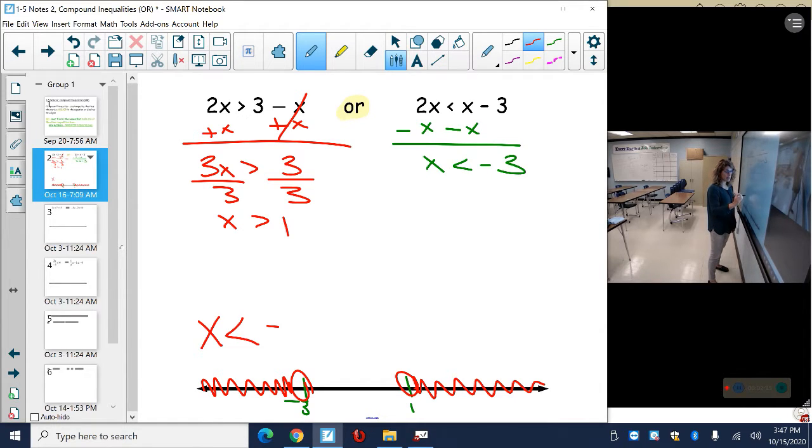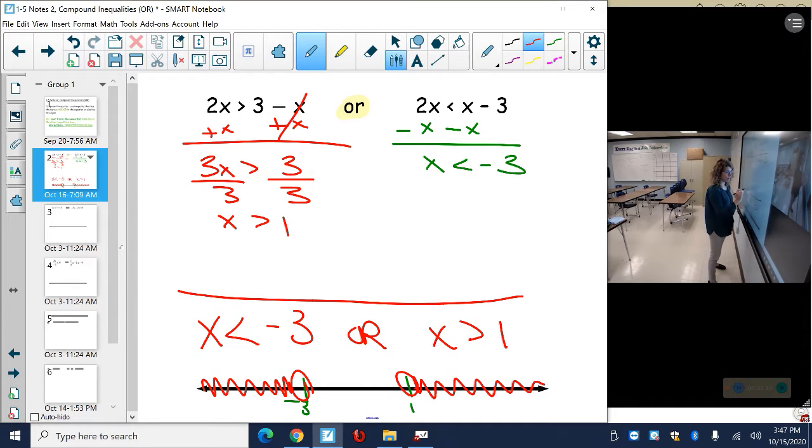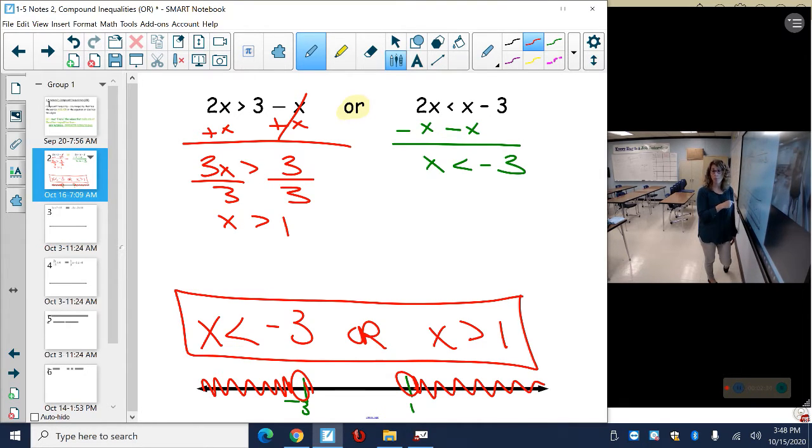So x is less than negative 3 or x is greater than 1. This is your answer. I do not want you to just box in the two that you got, because yes, those would be accurate, but they're not in the order that it should be. You should always have it from left to right. Math Excel will mark you wrong if you do not put the smaller value first.